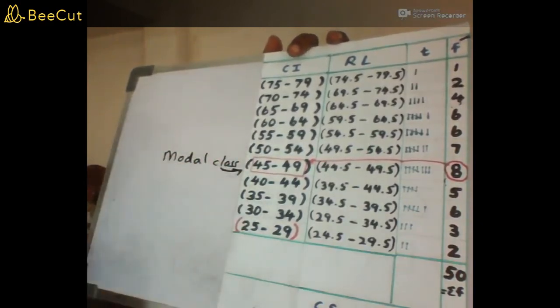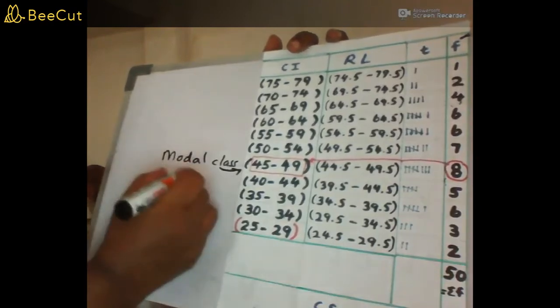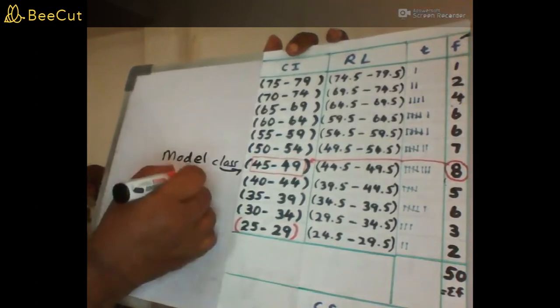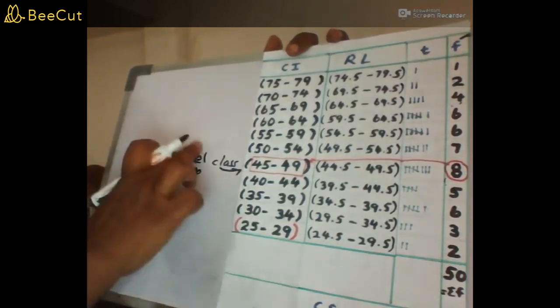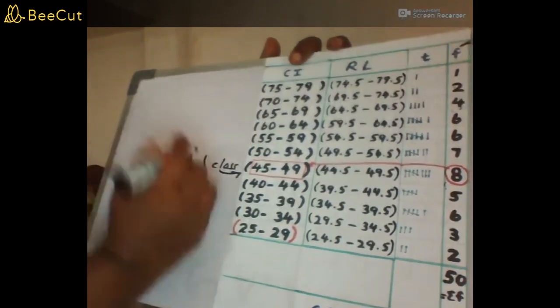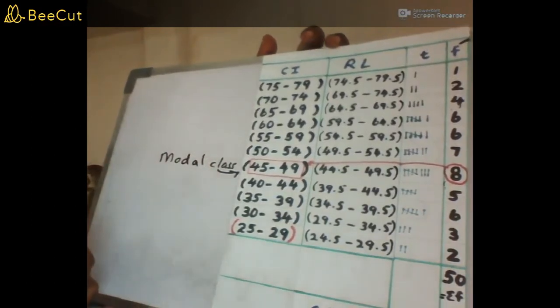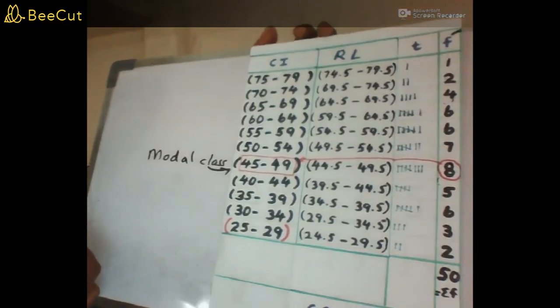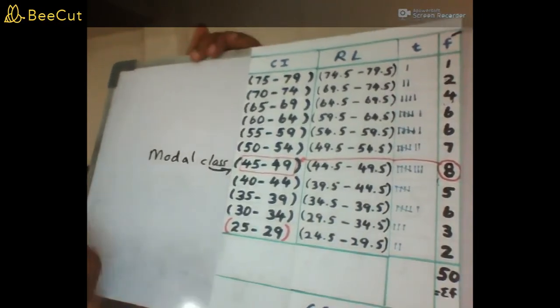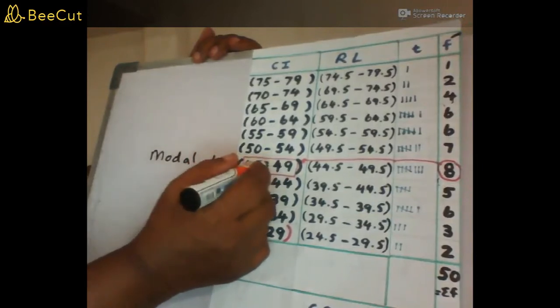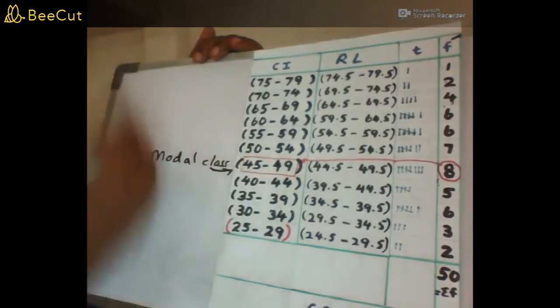Modal class. Not model, huh? Not like this. It's wrong. Modal, D-A. Modal class. Right. Now how can we get the mid value? That is the mode, right? How can we get it?